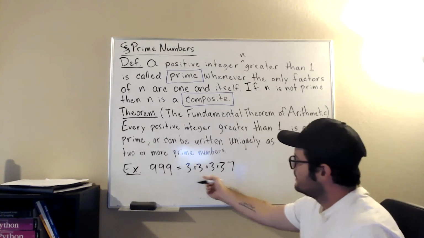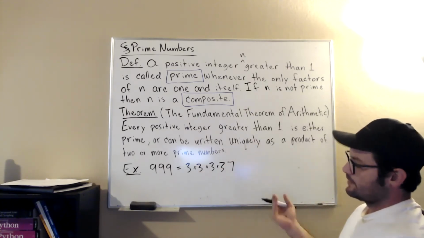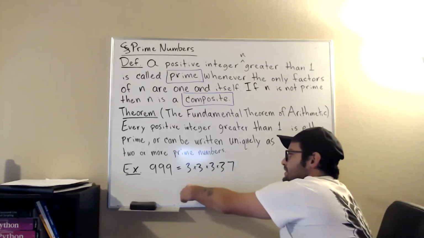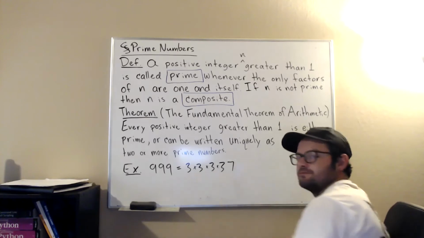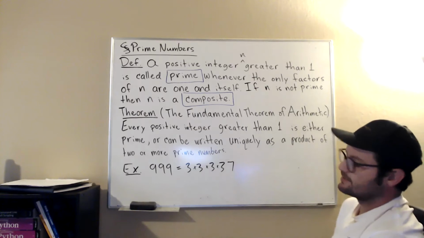Notice that each of these is prime. And typically, when we write out the prime factorization of a composite, we list the primes in increasing order. That's often added to this theorem statement.